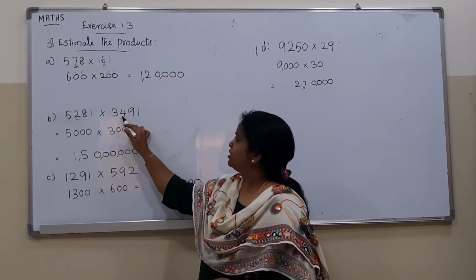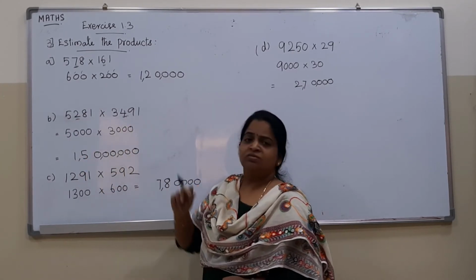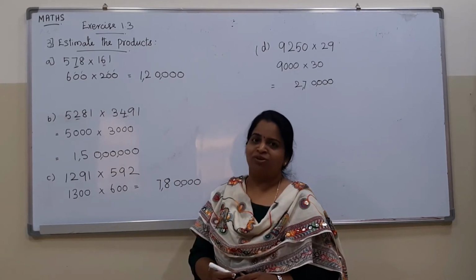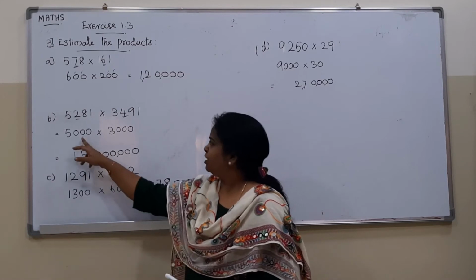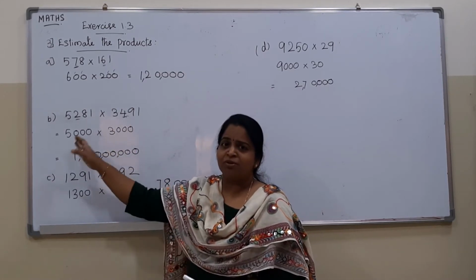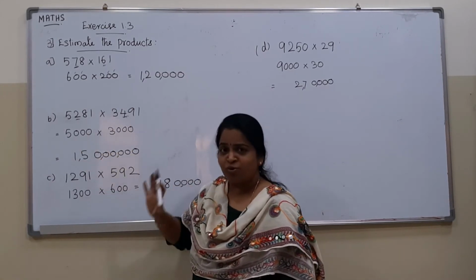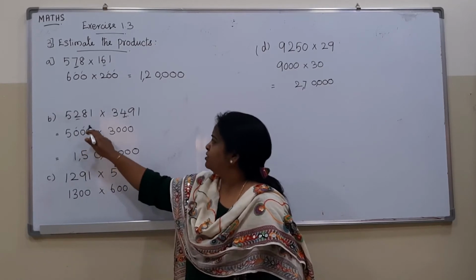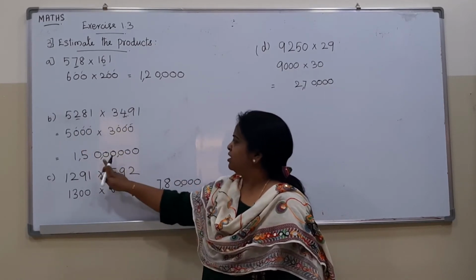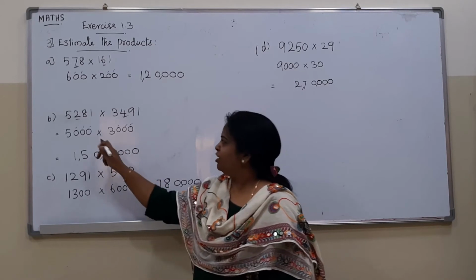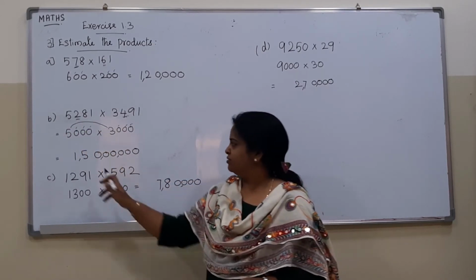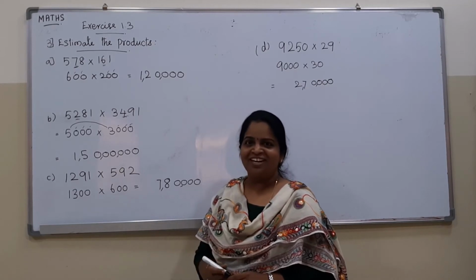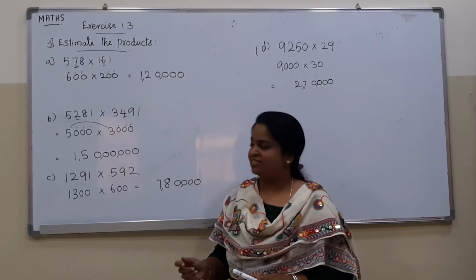Here check the number in the 100 place. It is 4. So I wrote 3,000 only. Okay. Then multiply. When you are multiplying the numbers, when you get zeros, what you are going to do? Count the number of zeros. 3, 4, 5, 6. Write 6 zeros. Then multiply 5 3s are 15. You got it, children? Okay, we will move to next sum.